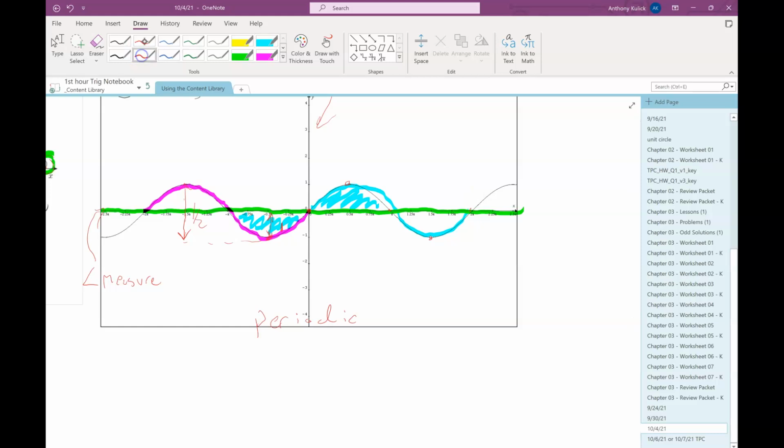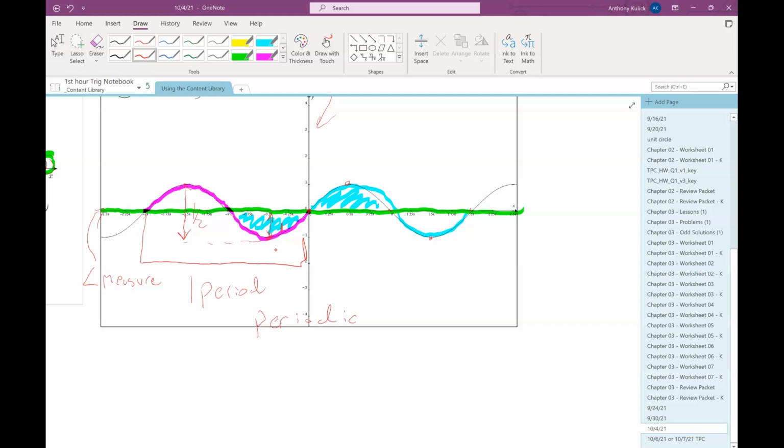So these repeating segments here are called periods. For example, that purple section is one period. It's one of these segments that repeated over and over and over again creates the graph. You guys kind of see that?